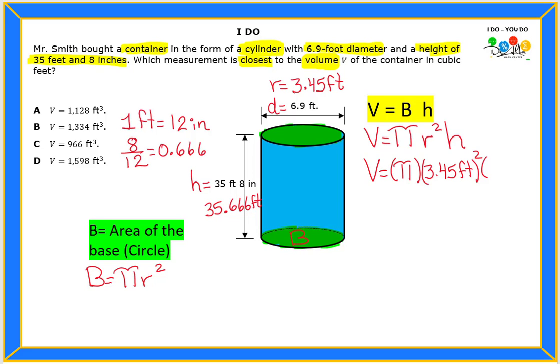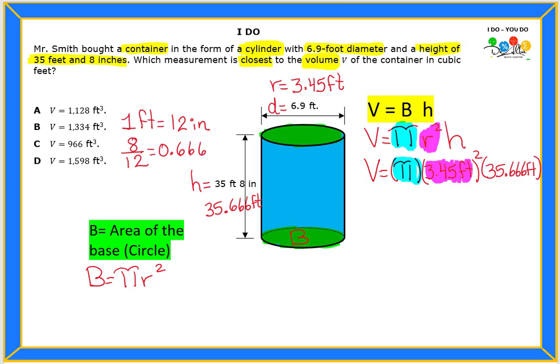Okay, so I am going to replace the height with 35.666 feet. Now, look what I did. So the pi is still my pi. Okay, the height, and this is my radius, which is 3.45, right?